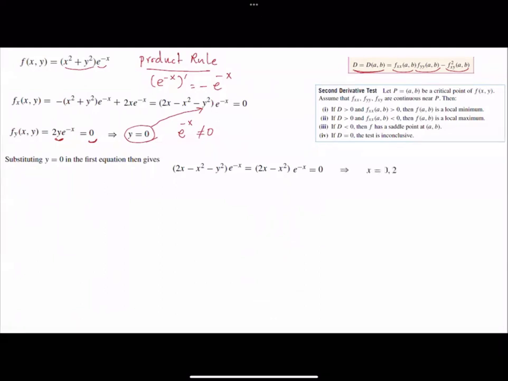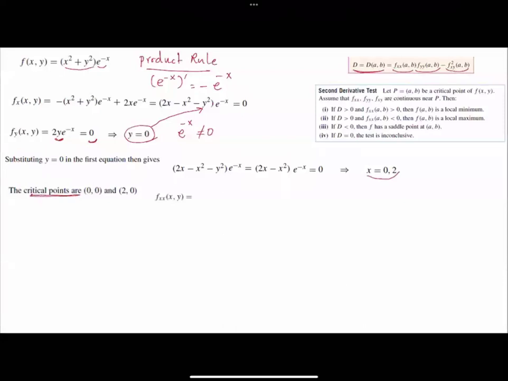So you just need to set 2x minus x squared equal to 0. So x is 0 or 2. So the critical points are 0 and 0, where x is 0, y is 0, and x is 2, y is 0. So you end up with 2 critical points.